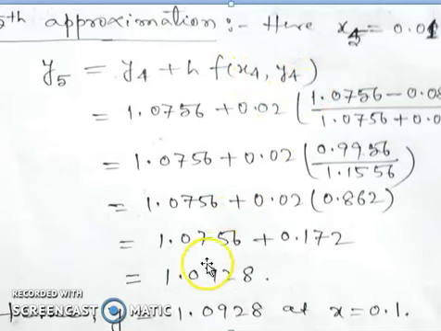On substituting the values, we get the fifth approximation value 1.0928. Hence, y equal to 1.0928 at x equal to 0.1. So this is the result of Euler's method for the problem.